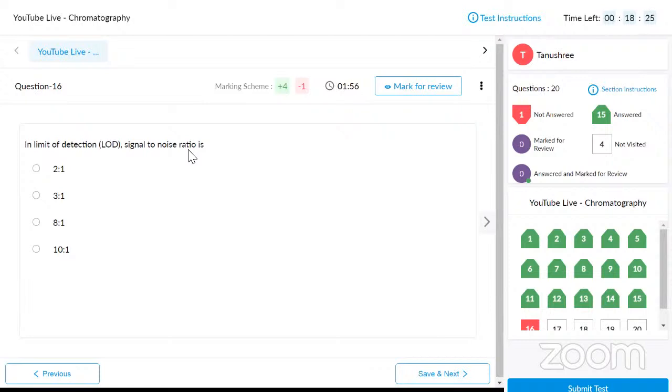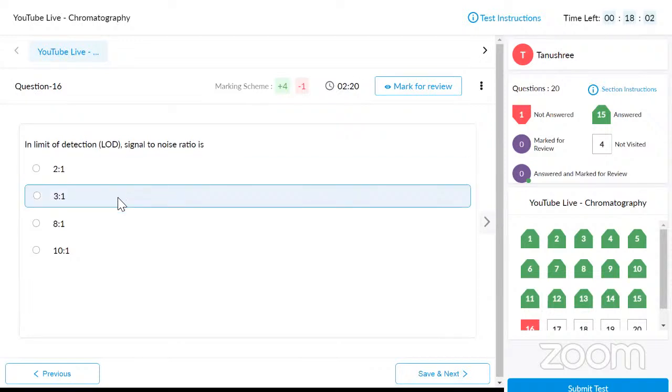Only if the concentration is 3 times the signal noise of the baseline will it be capable of being detected under the LOD concentration. So 2:1 is too little, because if your concentration is just twice the noise of the baseline, there is a possibility it will remain undetected.